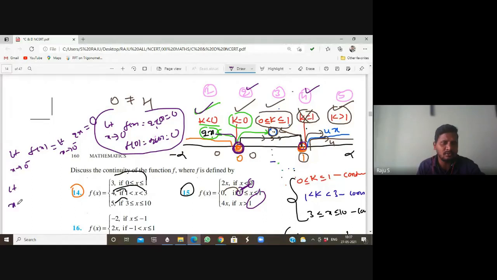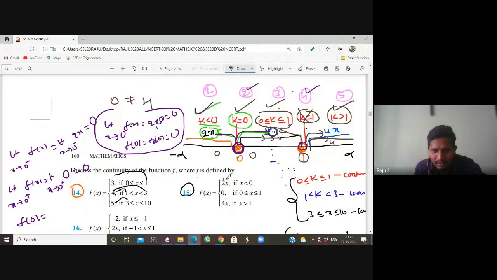And what is f of 0? We found the 0 plus and 0 minus values. Then the third is f of 0, which we can take as 0.